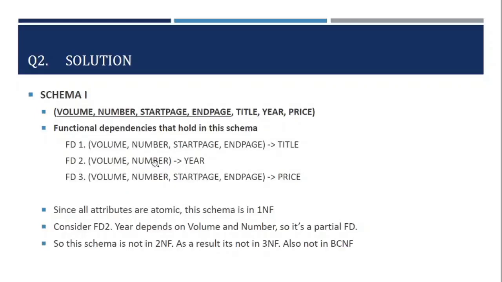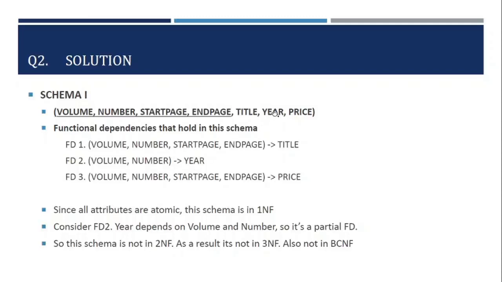So, if we consider the first functional dependency, volume, number, start page, end page and title, title depends on the entire primary key. And what about price? According to the third functional dependency, price depends on a combination of volume, number, start page and end page. So, price also is dependent on the entire primary key. What about the second functional dependency? It states that volume and number determine year.